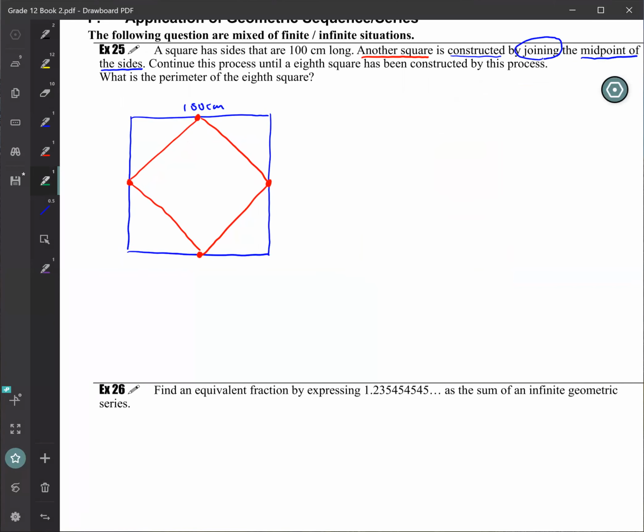So the next square, we can get by joining the midpoints again, right? So that's this one, the green midpoints, and join all the midpoints again, you get the third square.